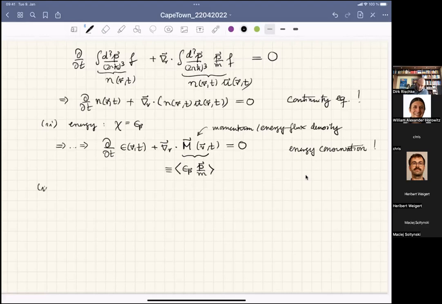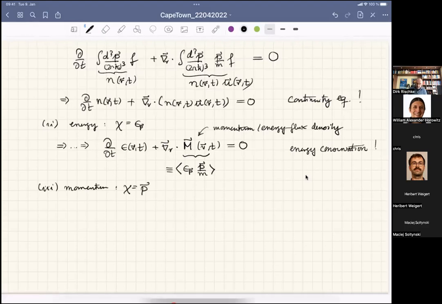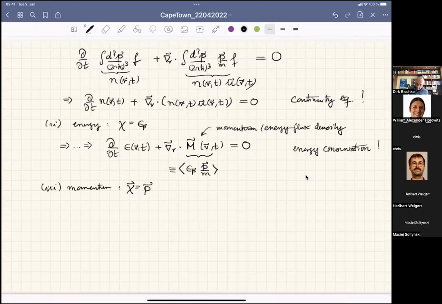And then the final thing is, of course, momentum. You can do the same manipulations for momentum. Chi is P, and you get momentum conservation. Okay, these steps you can fill in now because it's the same as we did before. So the first term is actually, maybe write it out in this form, P averaged.